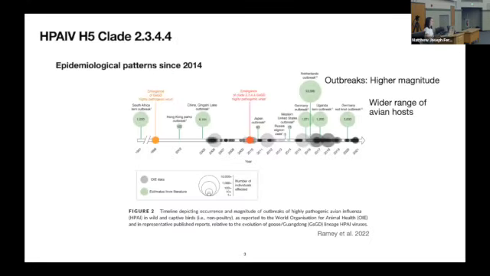So the variant is called Clade 2344. It emerged in 2010 and, since 2014, started to cause higher magnitude of outbreaks and in fact a wider range of avian hosts. So what are the ecological and evolutionary processes underlying this unique epidemiological pattern?